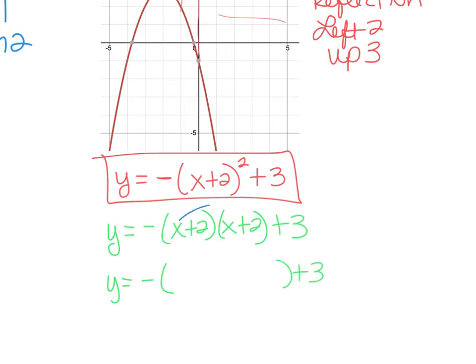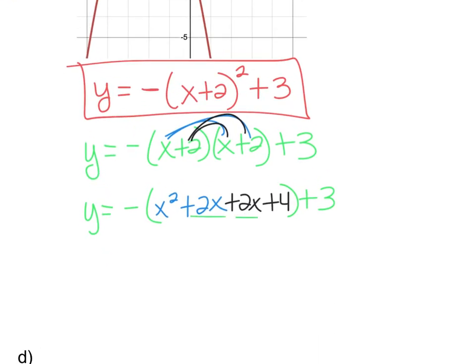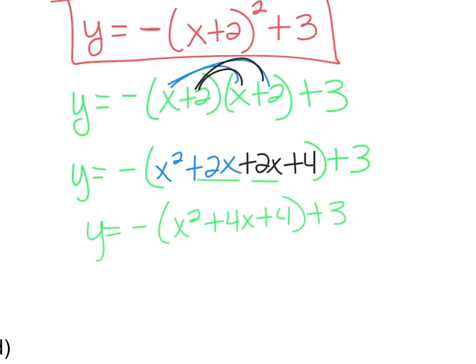So x times x is x squared. x times 2 is positive 2x. 2 times x is positive 2x. And then 2 times 2 is positive 4. Okay, before I distribute the negative, I'm going to clean up the middle. So that would be negative times x squared plus 4x plus 4, close parentheses, plus 3.